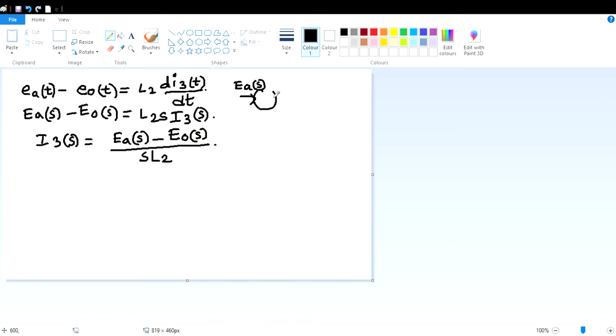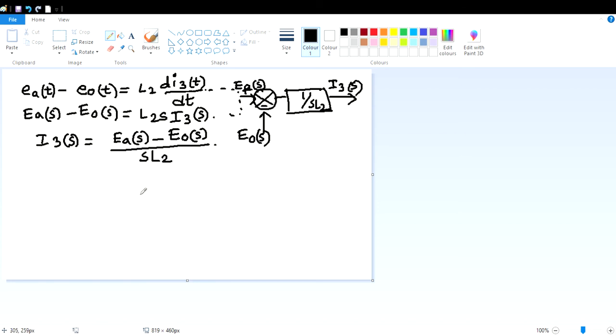So EA(s) is positive, and here it is E0(s), taken with a negative sign. If I multiply this EA(s) minus E0(s) with 1 upon SL2, we will find I3(s).